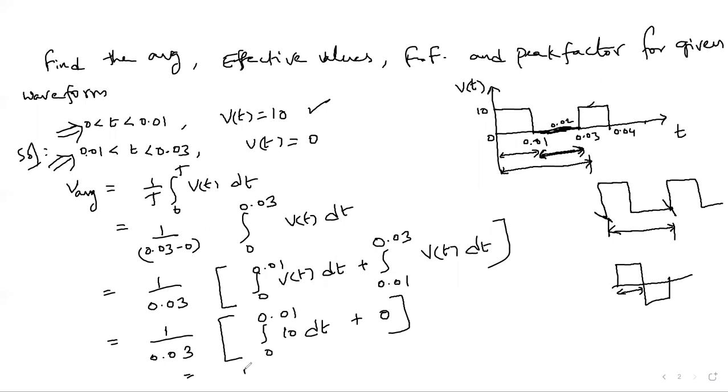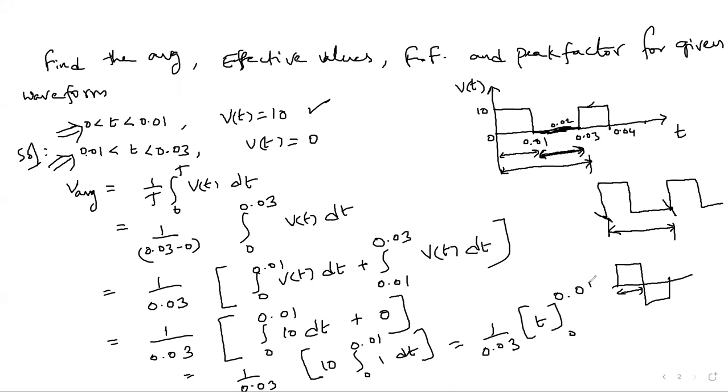Now do the calculation. 1 by 0.03, 10 is a constant, integral 0 to 0.01 dt. So do the integration: t from 0 to 0.01, so 0.01 by 0.03, and there is a 10 right here. How much is the value of the average value?